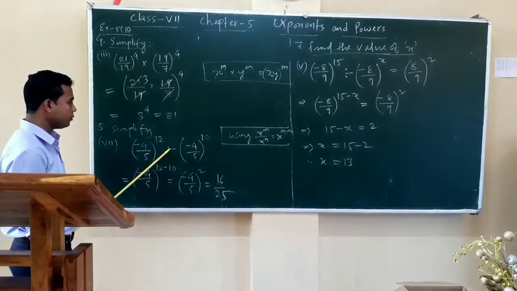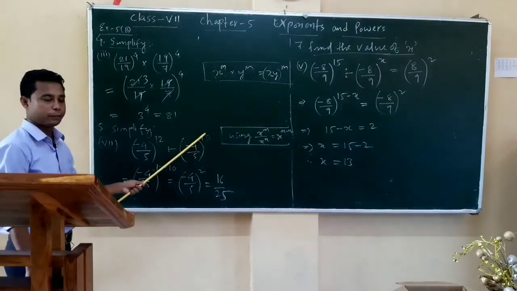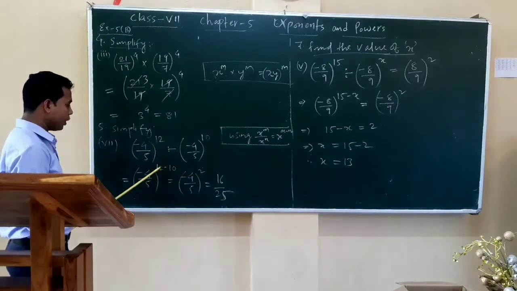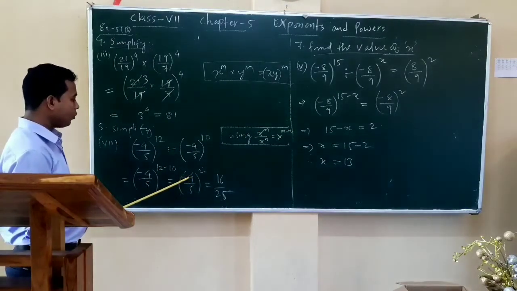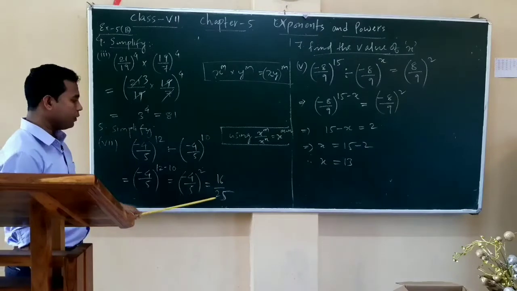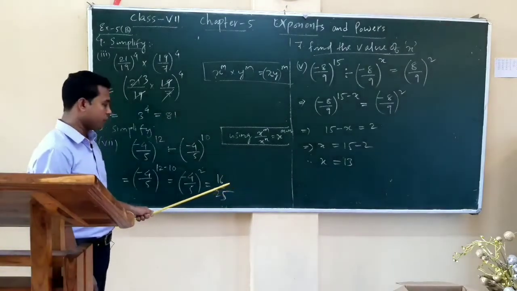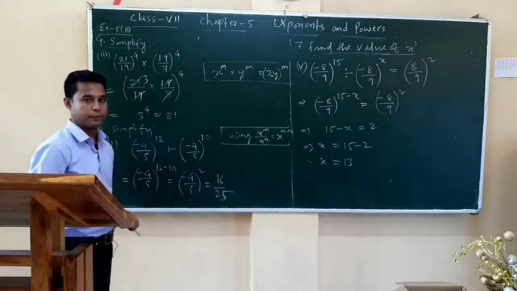Since it is divide, we have to subtract the exponents. 12 minus 10 will be 2. So now minus 4 into minus 4 will be 16 by 25. So the answer is 16 by 25.